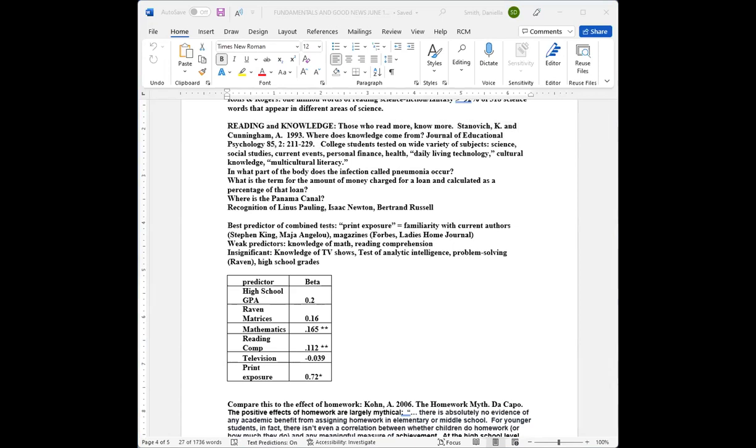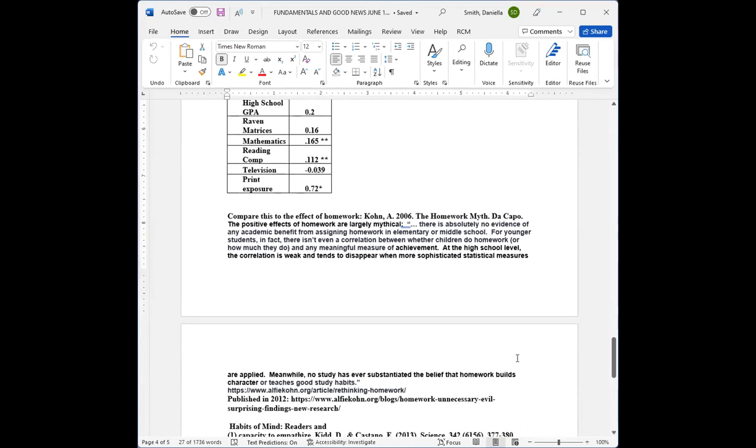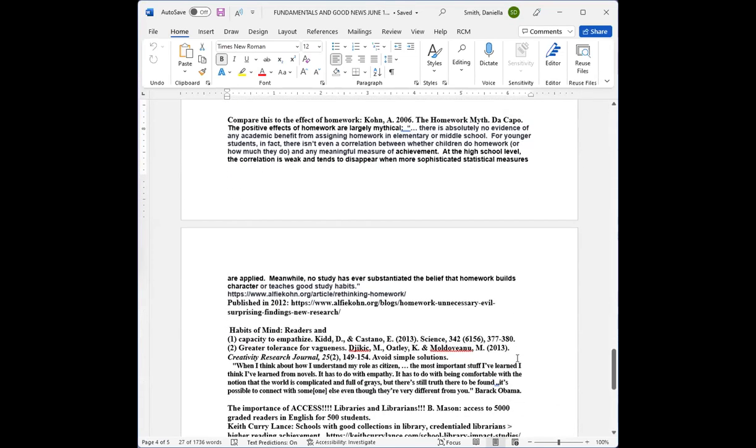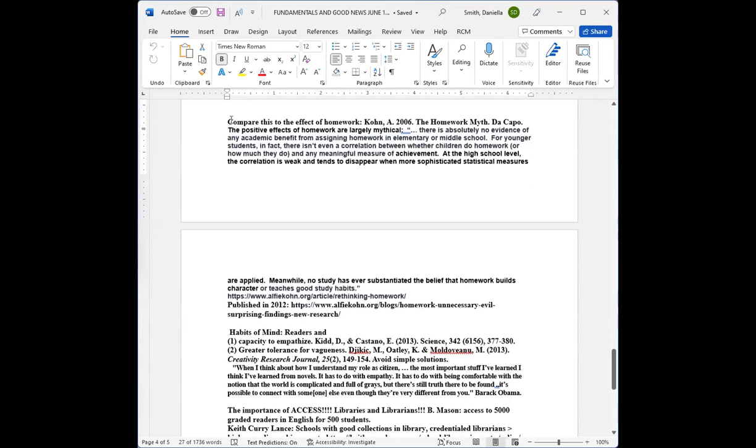Homework is not the answer. It's reading for pleasure. My hero there is someone you know very well, and that's Alfie Kohn, K-O-H-N. One of his many masterful contributions is a book called The Homework Myth. His conclusions in a nutshell: the amount of homework you do does not predict anything in elementary school.